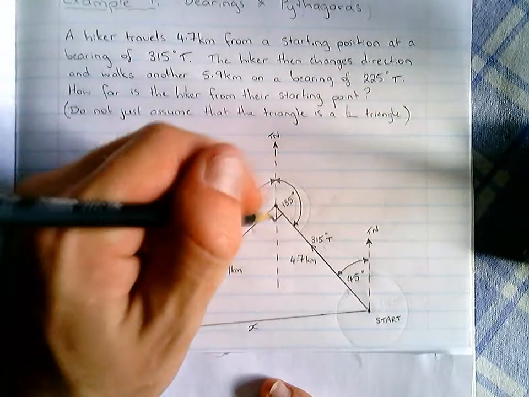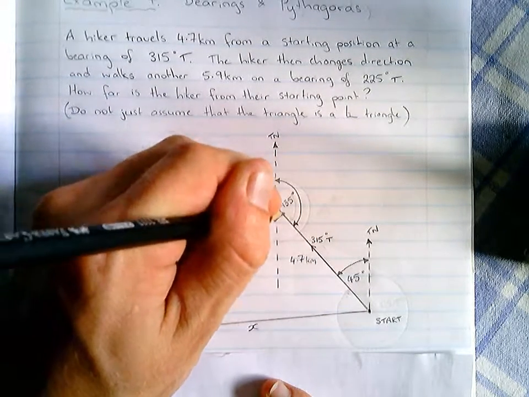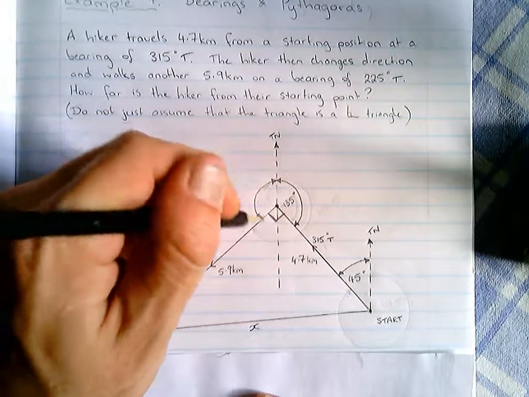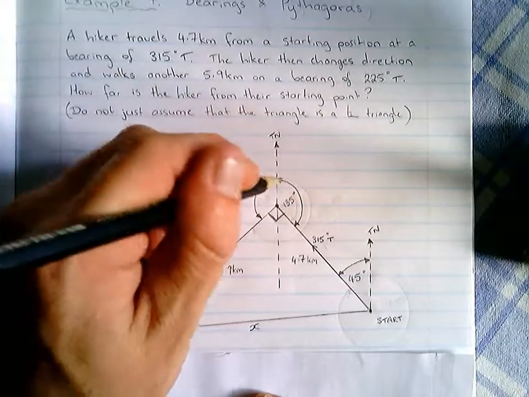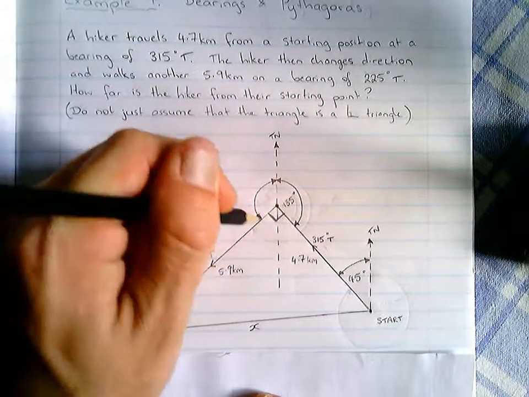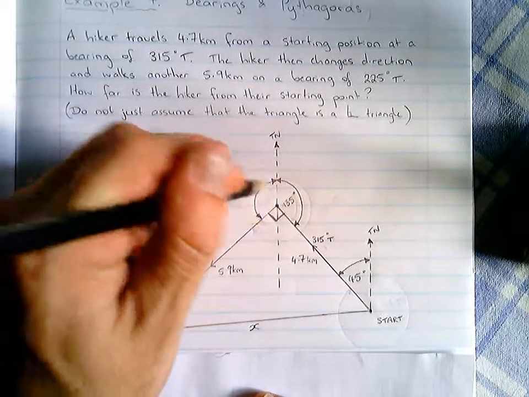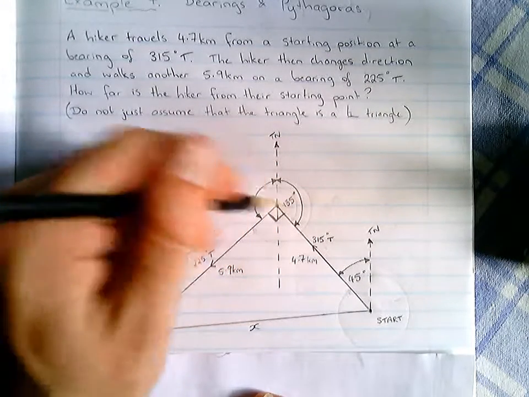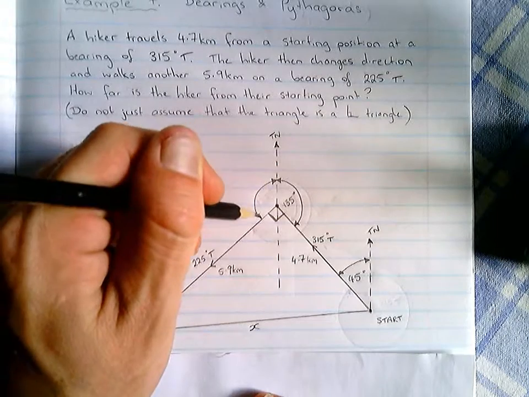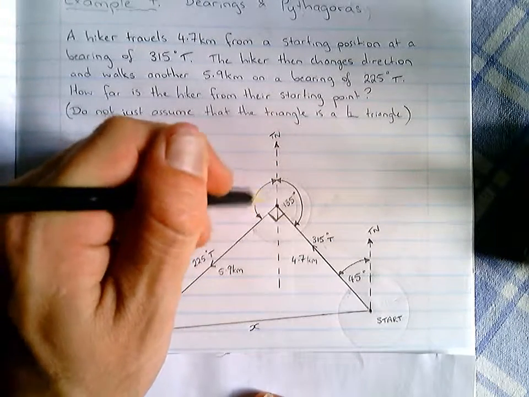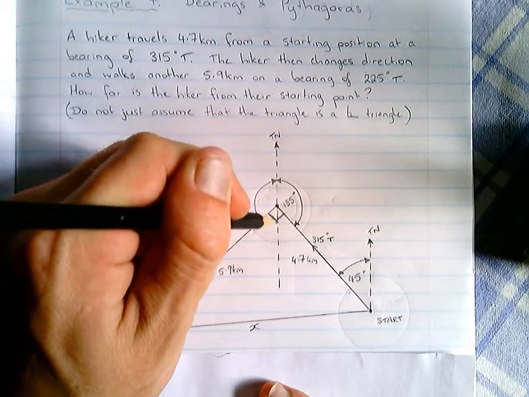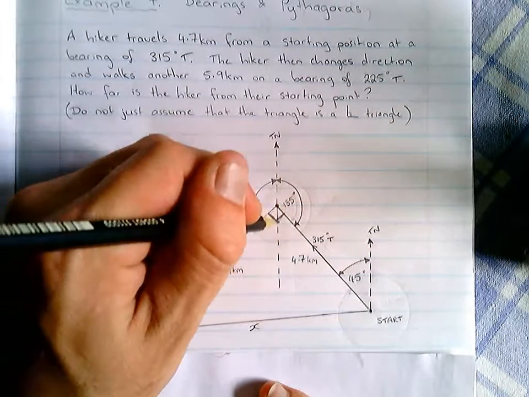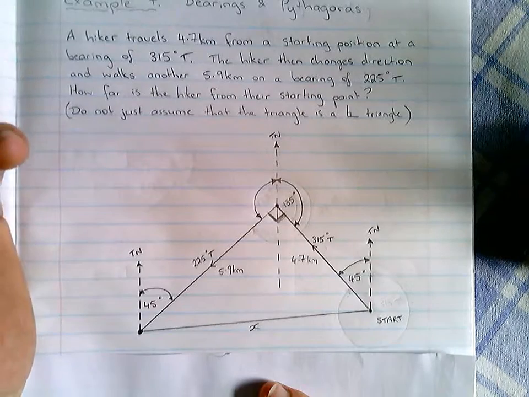Now to get this right angle, I need to show the value for this angle. The reason being is we have at this point three angles at a point. We have the angle contained within the triangle, this angle 135, and this unknown angle here. So if we know this, we can calculate this. Now, let's not assume that this is a right angle.